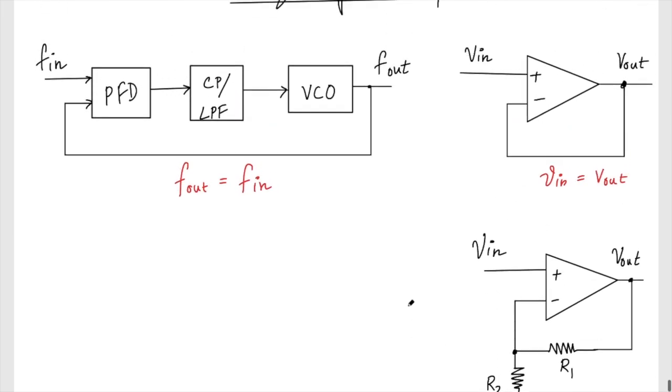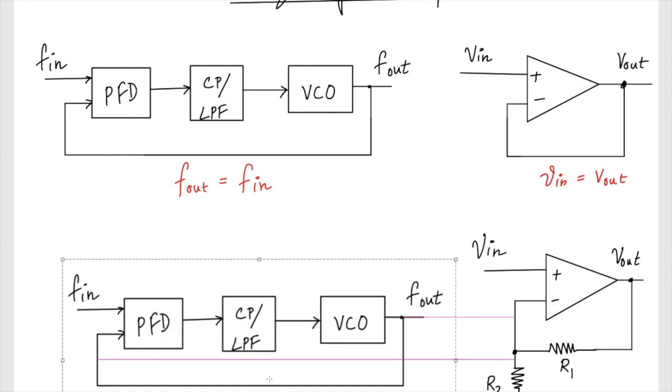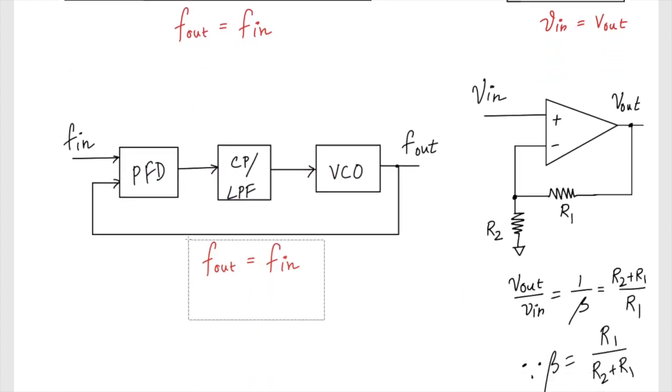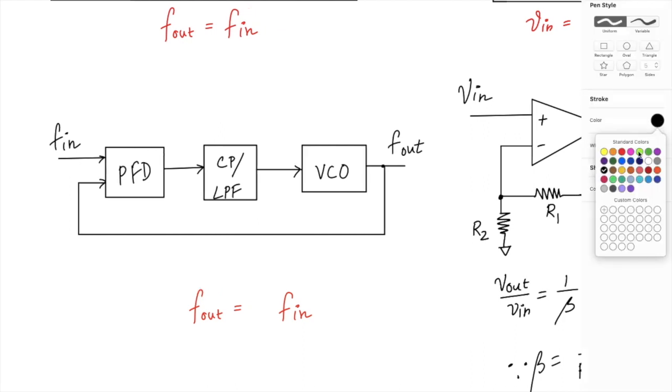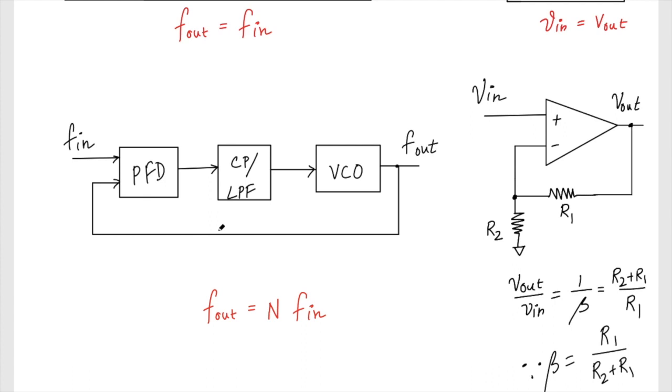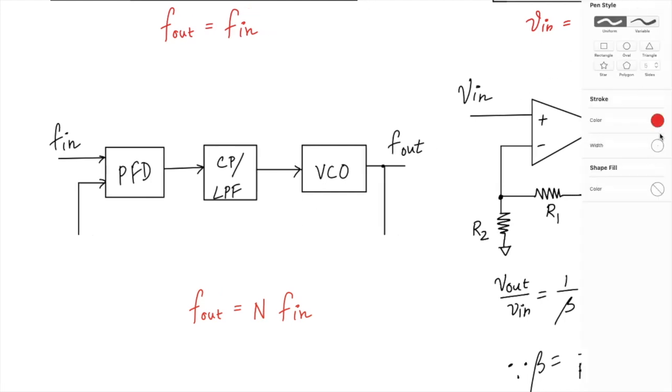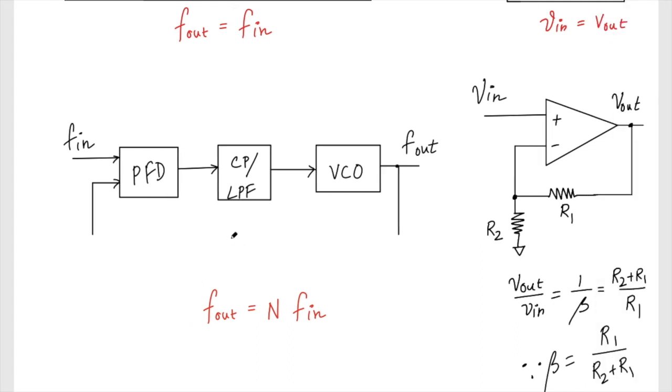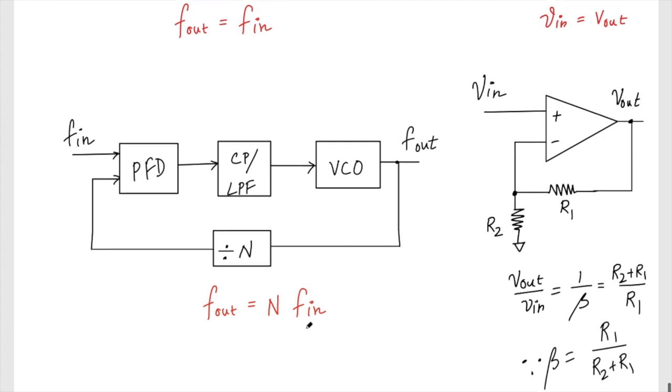Similarly here, in the case of the PLL, if I want my F out to be N times F in, I should add a block which divides the frequency by a factor of N, divide by N. That's how it works.